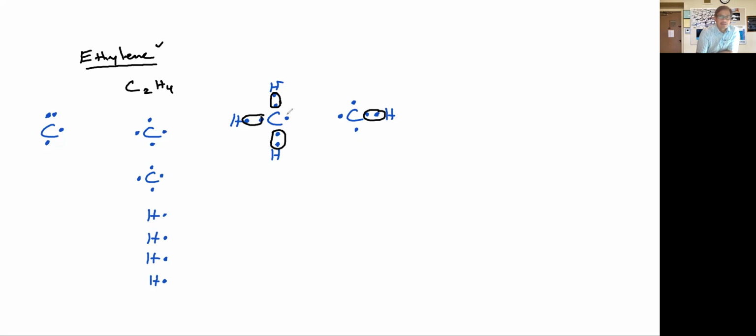This carbon here on the left can only form one more bond, and it will be a single bond with the other carbon. If this is the case, this carbon now has its 8. Okay, so that's 2, 4, 6, 8. This carbon's happy. This carbon does not have its octet. It only has 1, 2, 3, 4, 5, 6. And so if we try to connect ethylene in this manner here, it will not work. Okay, so it won't work. So we've got to go back to the drawing board.